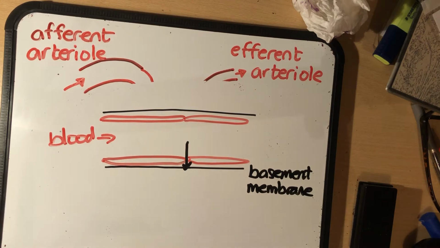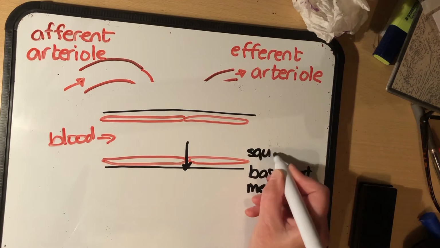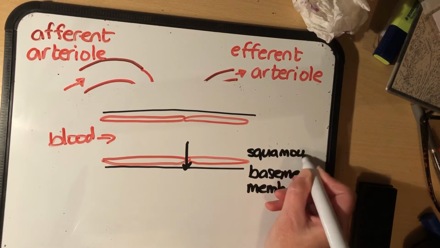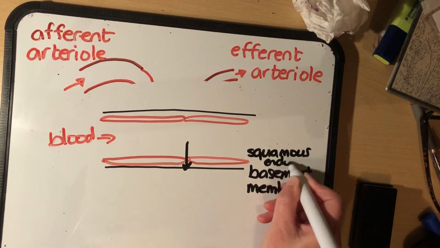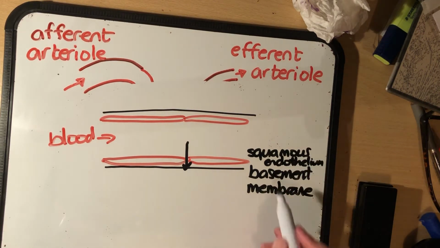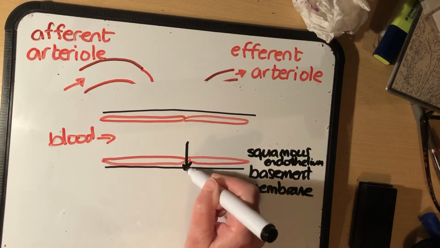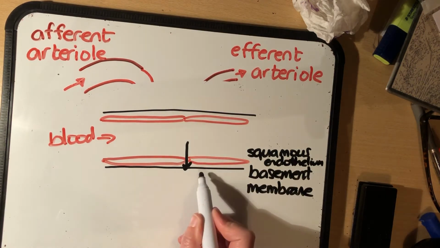And it really acts like a sieve. Okay, so we've got pores here in the squamous endothelium. The fluid will pass through there, and then it will reach the basement membrane.